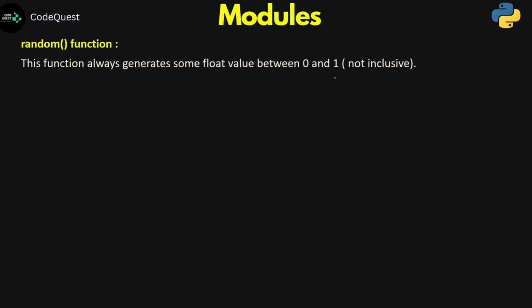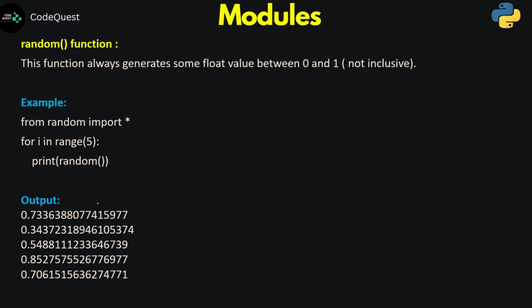For example, I'm writing from random, this is the module, import asterisk. We have taken a for loop here, and the range function is going to work 5 times, so I'm calling this random function 5 times.